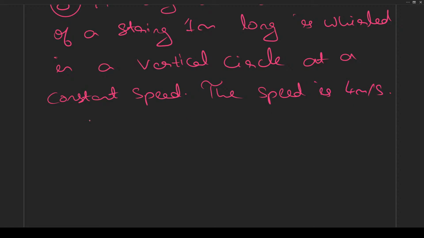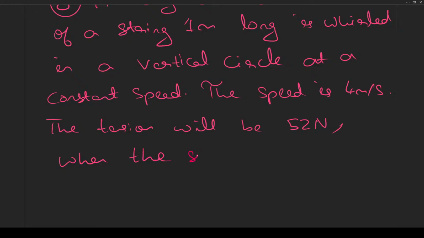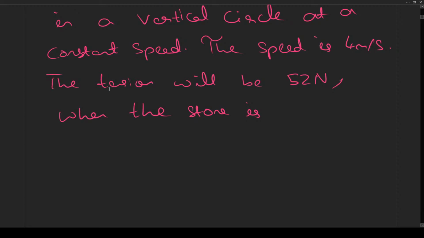The tension in the string will be 52 Newton when the stone is, let's see the options.